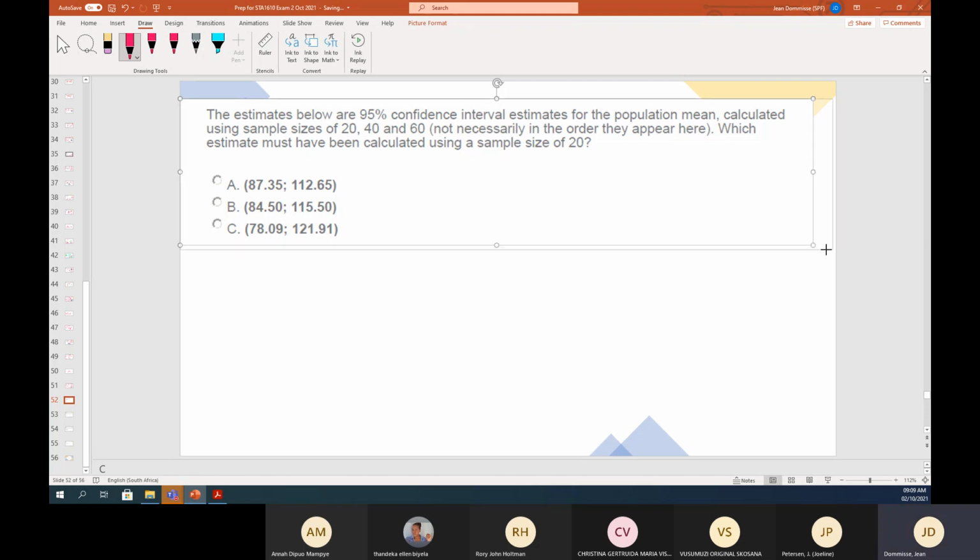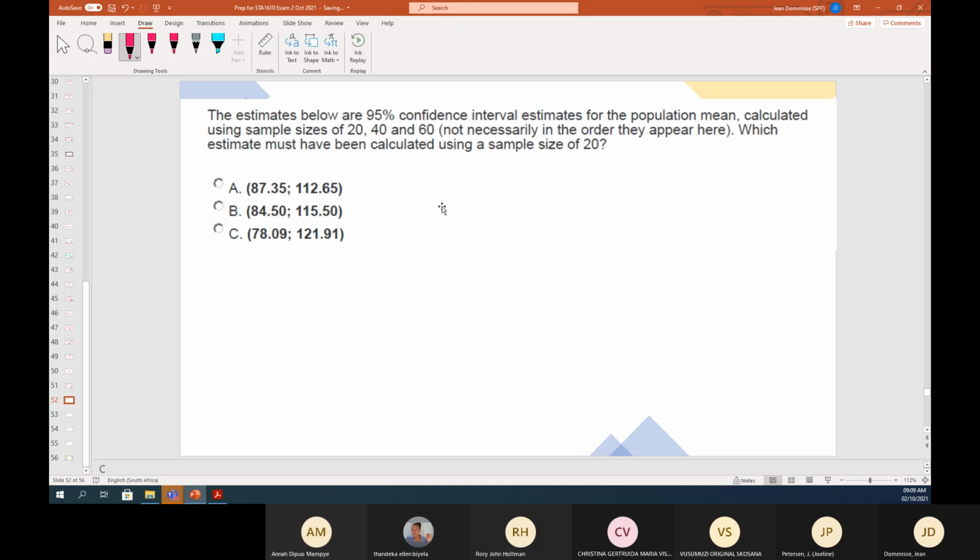Okay, this is an interesting one, and now that I see this, I want to add a question on confidence intervals.